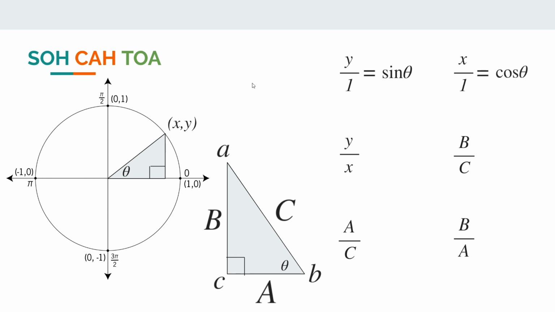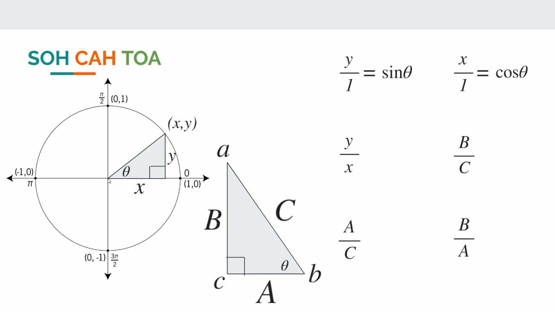However, if you want to use the SOHCAHTOA way, we must list the sides. So this side would be y, and this side would be x, since the coordinates are listed right here. Also, there's a coordinate plane, so this side is the x-axis, this side's the y-axis.